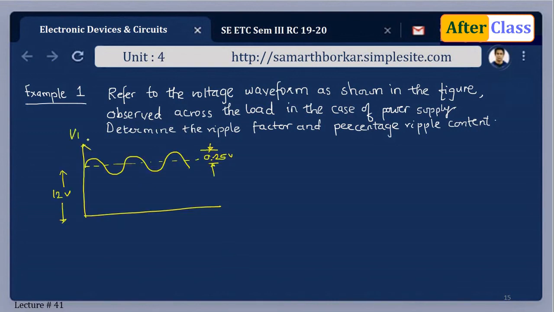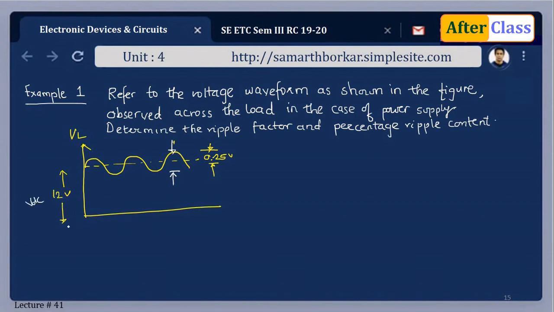This is the waveform of output voltage across the load. So you have this ripple content. The peak to peak value of this ripple is 0.25 volts and it is lying on 12 volts. So this value, 12 volt, is the VDC value.